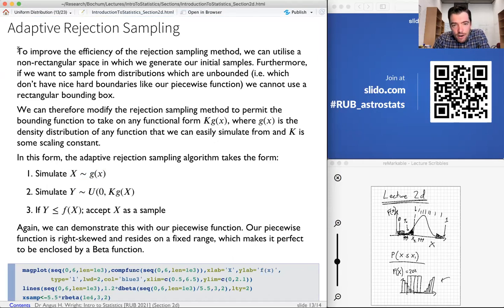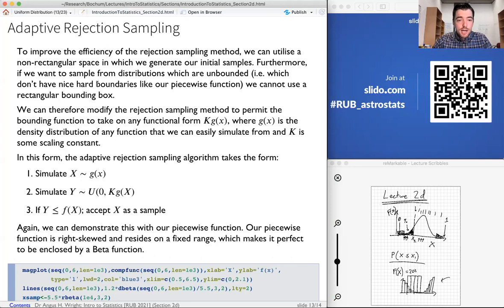The way in which our adaptive rejection sampling works is that instead of having a rectangle and generating samples from that rectangle on uniform y0, y1, and uniform x0, x1, what we have is a different distribution, some distribution that we can sample from easily. So any of those standard statistical distributions that we spoke about earlier.